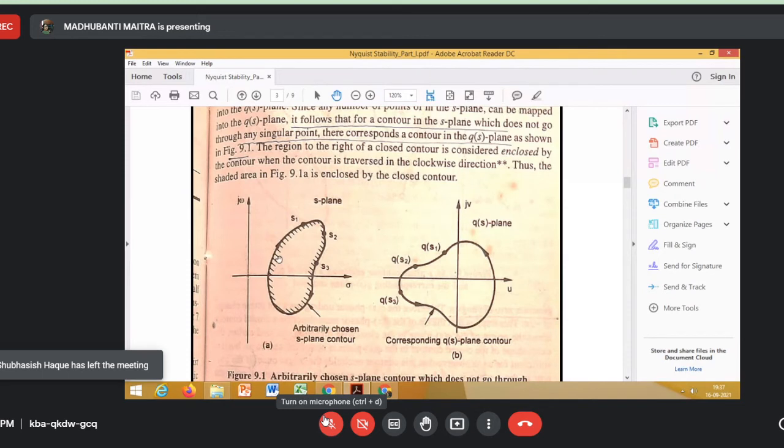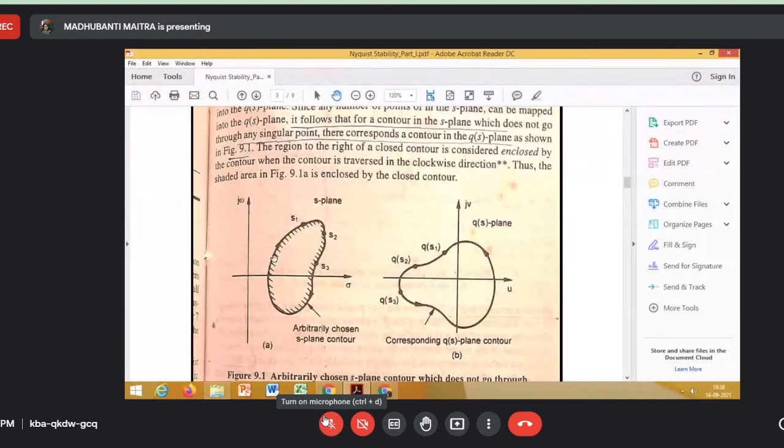Now look at this S-plane contour. If we traverse this contour in the clockwise direction, look at this arrow direction, in the process we identify the area lying to the right of the contour.